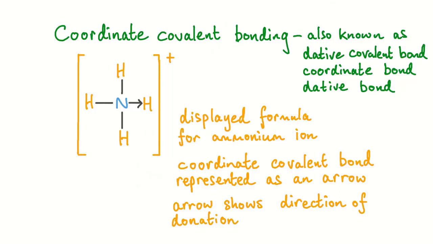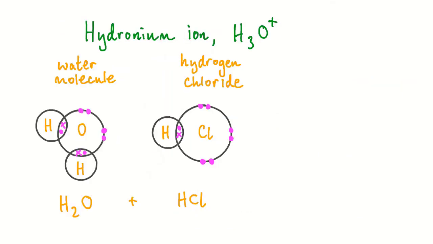Another feature of the displayed formula of the ammonium ion is that the positive charge that exists on the nitrogen atom is also shown. It may be seen located on the nitrogen atom itself or placed outside square brackets that surround the entire structure. Many other examples of coordinate covalent bonding exist.